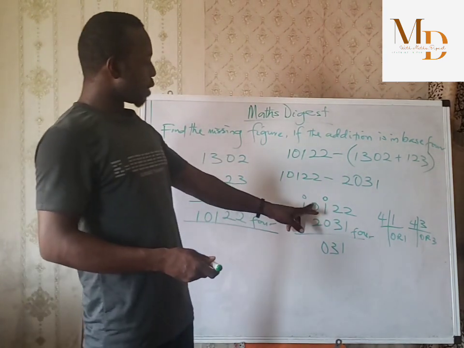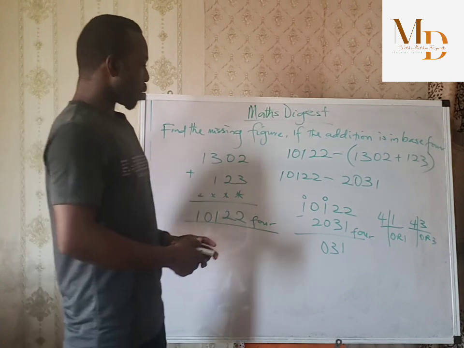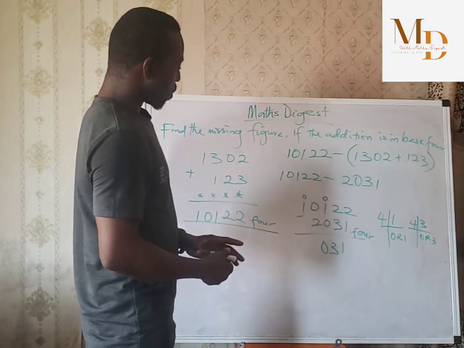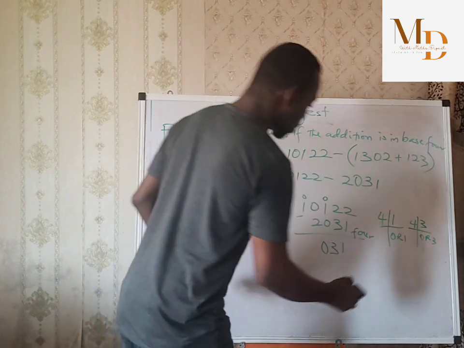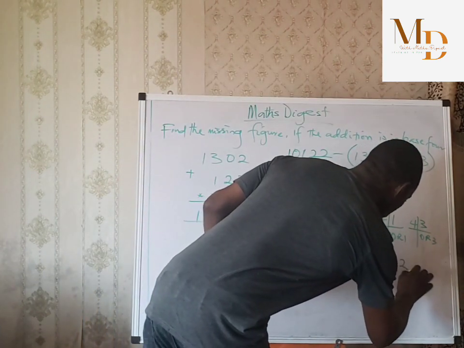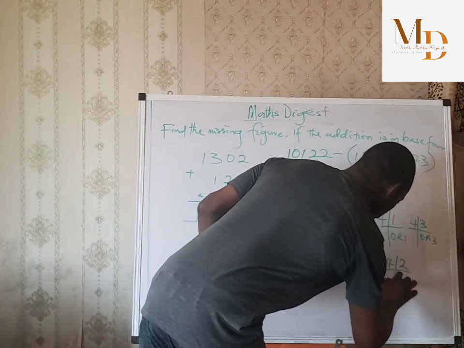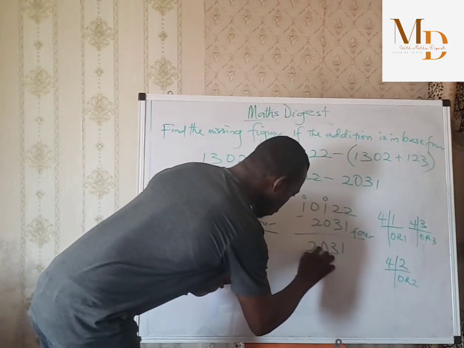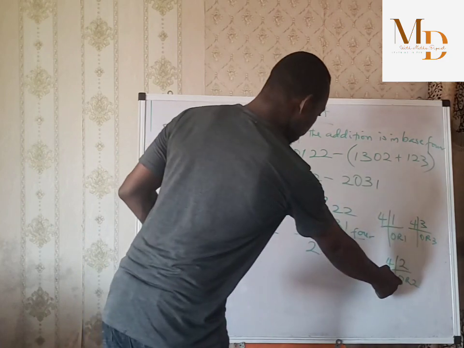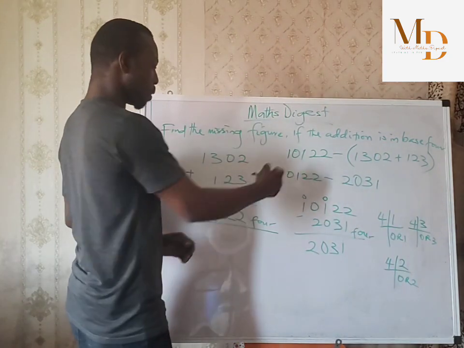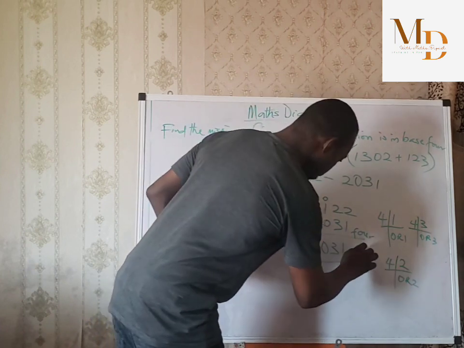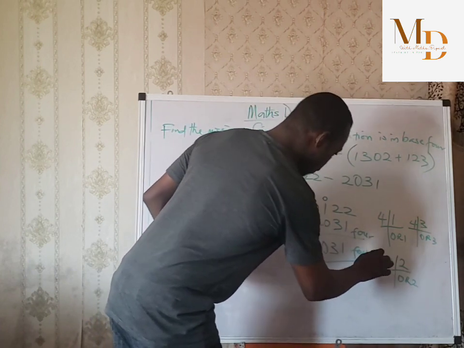This 1 coming here will be 4. So 4 plus 0 will give you 4. 4 minus 2 will give you 2. So we have 2 divided by 4, 0 remainder 2. So we have 2 here. Because we have ended up in 0 here and there's no number outside 0, this becomes our final answer in base 4.